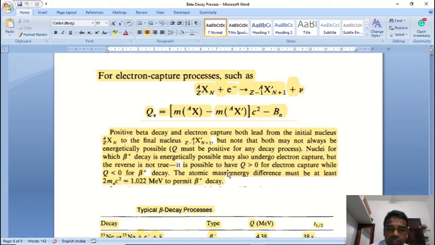It is possible to have Q greater than 0 for electron capture, while Q is less than 0 for beta plus decay. The atomic mass energy difference must be at least 2 MeC square, equal to 1.022 MeV, to permit beta plus decay. This paragraph is very important. A question may be asked, so read it 2-3 times and understand it.